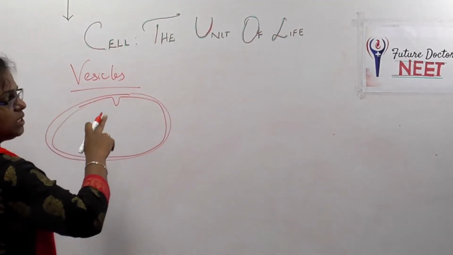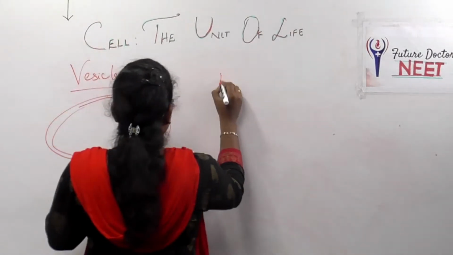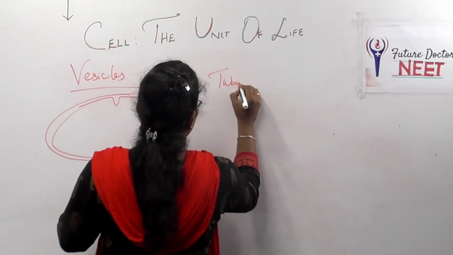So this is vesicle, and next one is tubules.